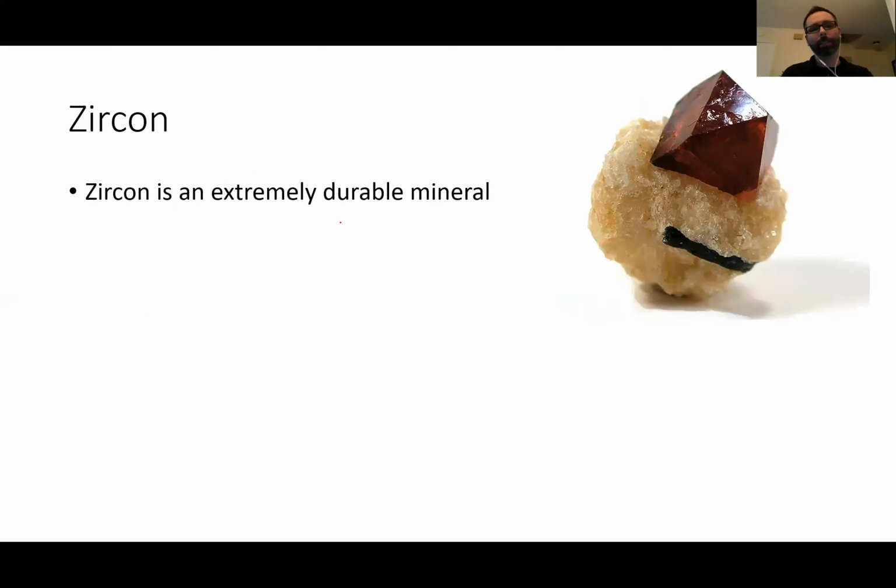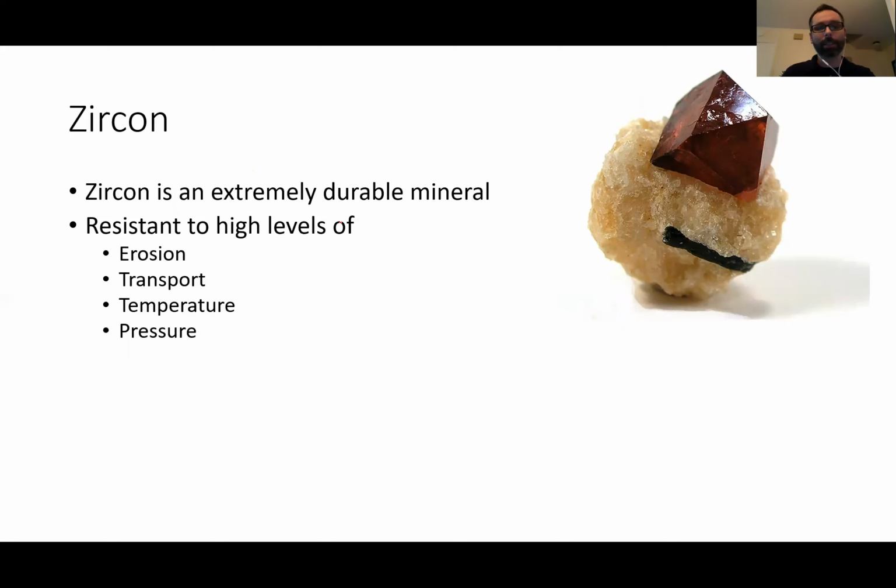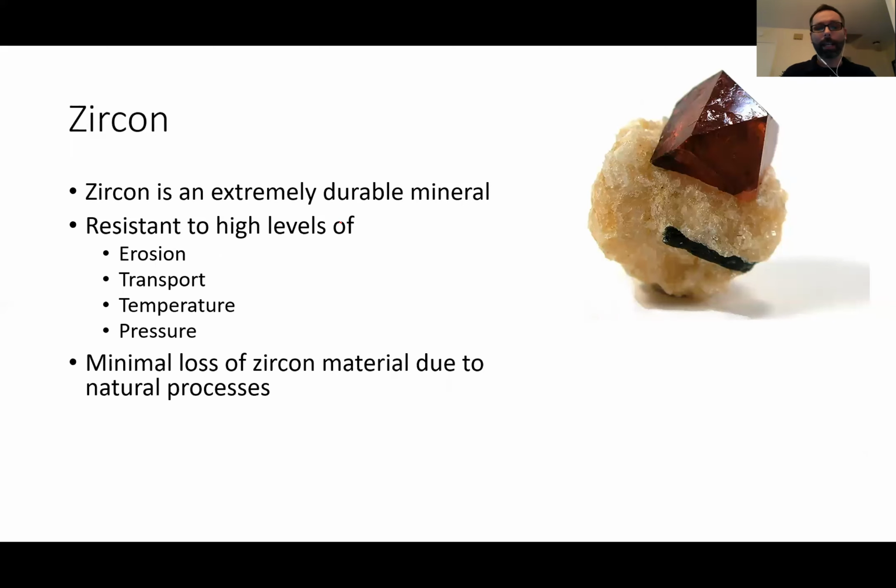But back to the zircons. Zircons are resistant to all sorts of different things, and so there should be minimal loss of material. Unless you completely melt it down, it won't lose its uranium. So again, the trick would be to find rocks that haven't already melted. Sometimes the crust of the Earth does get melted, which is why it's hard to find really, really old rocks.